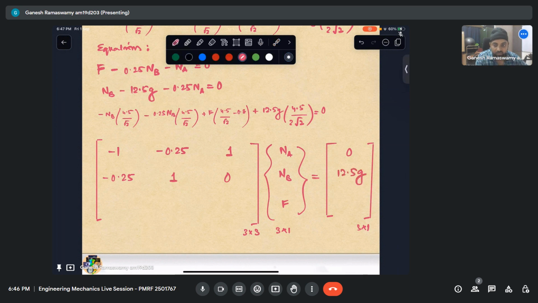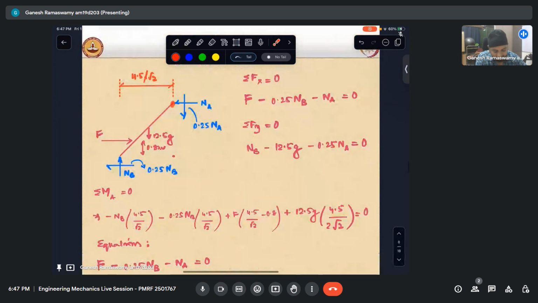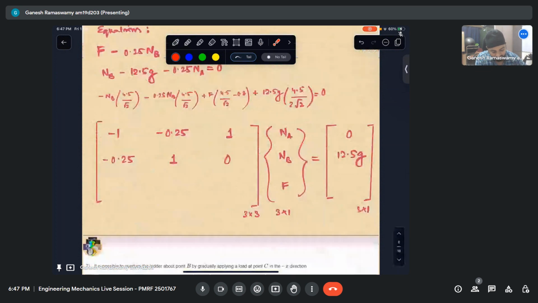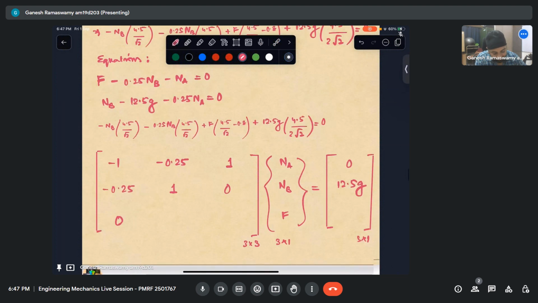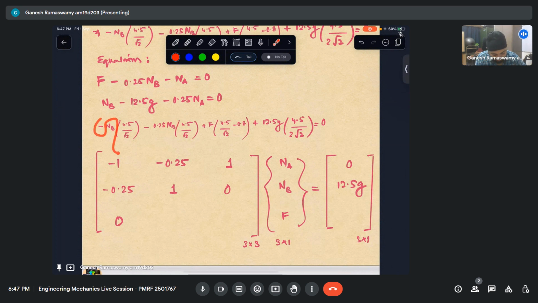For the third, for Na first, Na doesn't appear because we have taken moment about A. You remember moment about A. So naturally Na will not appear here. So Na's coefficient is 0. For Nb, we can see that these two terms are having Nb. So essentially it will be the sum of these coefficients.